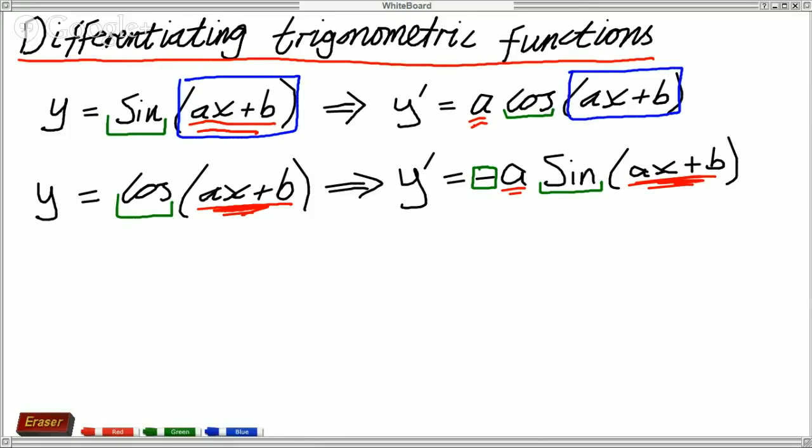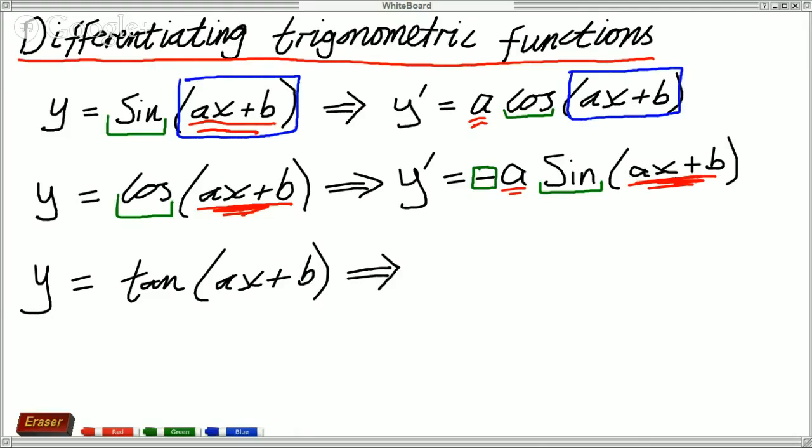And now tan. If we have y equals tan ax plus b, and we differentiate this, we'll get a sec squared ax plus b.